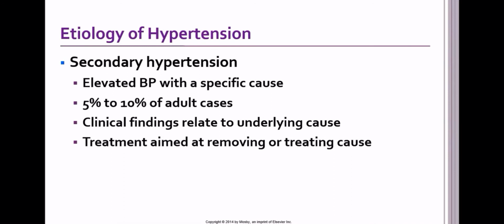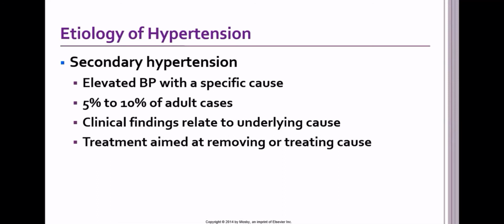An example of this would be pregnancy-induced hypertension. So this type of hypertension accounts for 5 to 10% of hypertension in adults. Secondary hypertension should be suspected in people who suddenly develop high blood pressure, especially if it is severe.